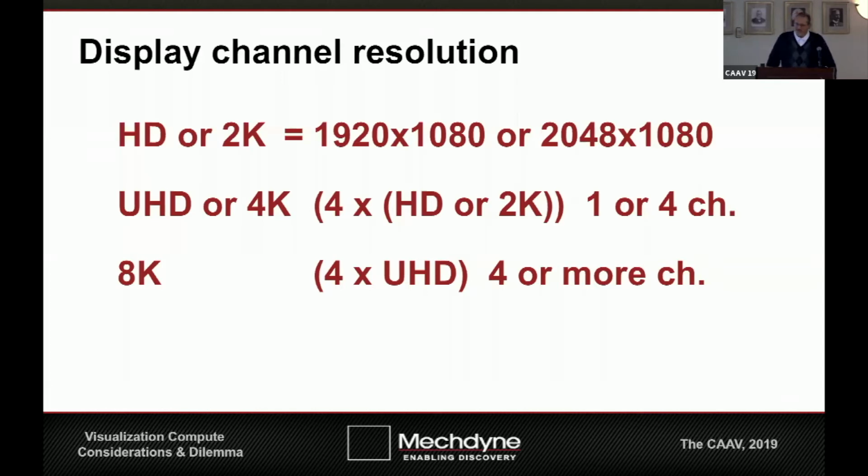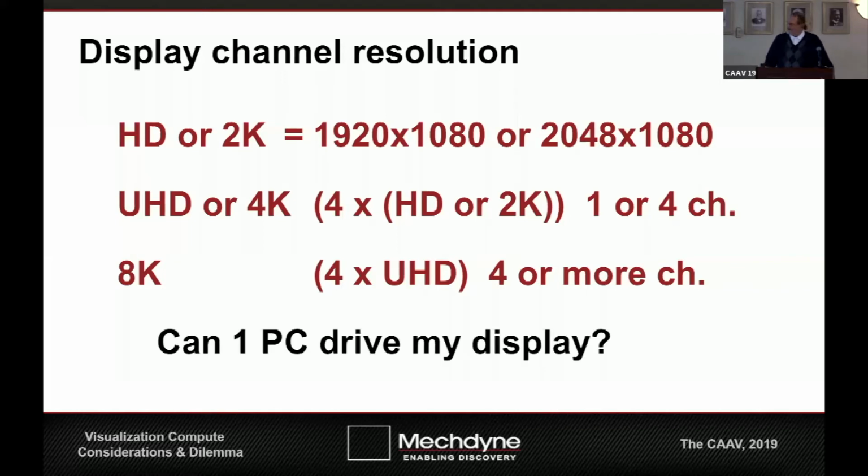The products we see typically take 4 inputs to get to that 8K resolution, and those 4 inputs are 4K to start with. So we have quadrupled the bandwidth yet again from the HD standard that many displays are based around. It's a real challenge with bandwidth.